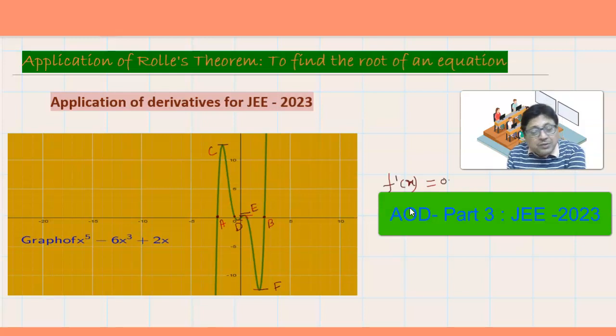Now f dash x equal to 0 is an equation. This equation will be satisfied at this point, here and here also, at these 4 points.